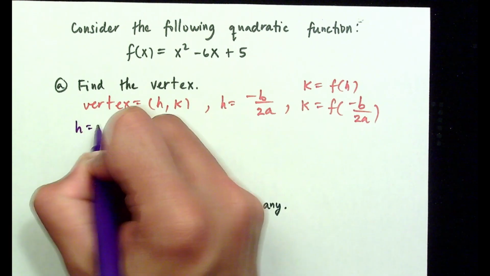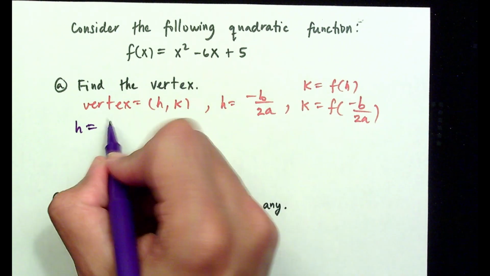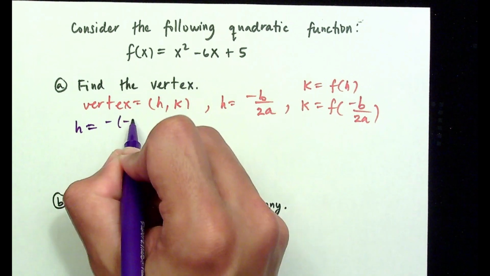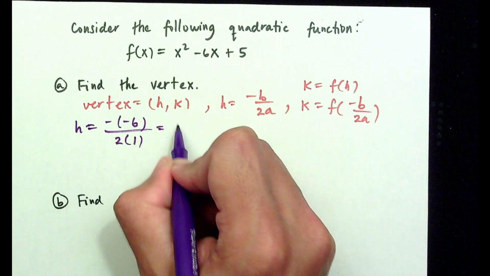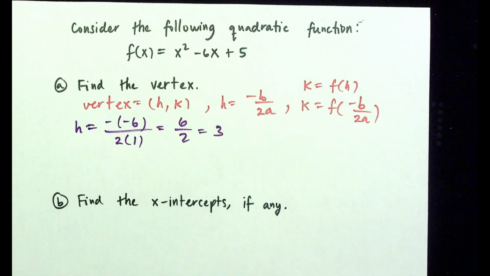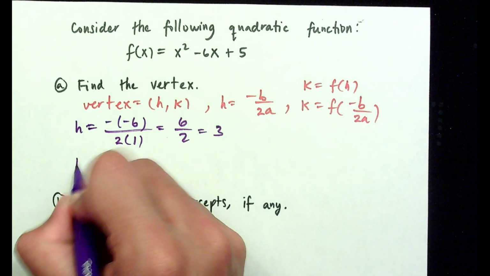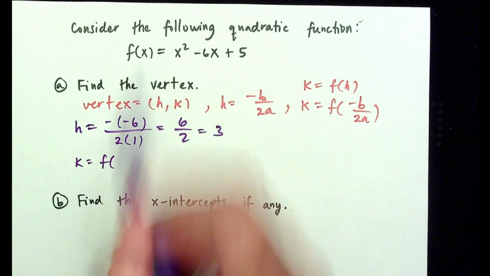So h is going to be negative b over 2a. Negative b is negative 6, so negative 6 over 2. The a is 1, so this is just 6 over 2, which is 3. And now the k is what you get when you plug that in the formula.